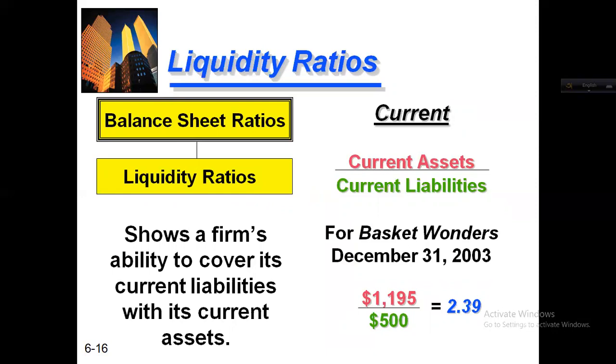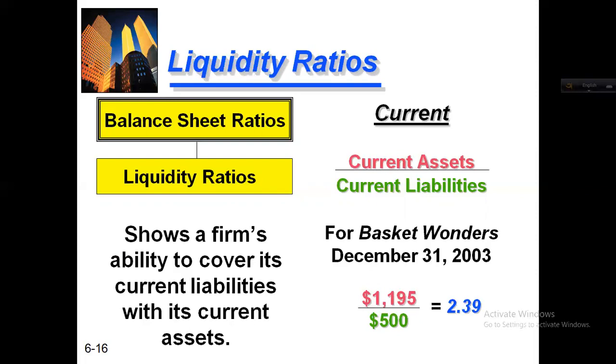Where can we get the current assets and current liabilities? We have already shown you that current assets are the combination of cash, accounts receivable, inventory, accrued income, and advance expenditure. These items are added to the upper side. And current liabilities are accounts payable, notes payable, accrued expense, and advance income.